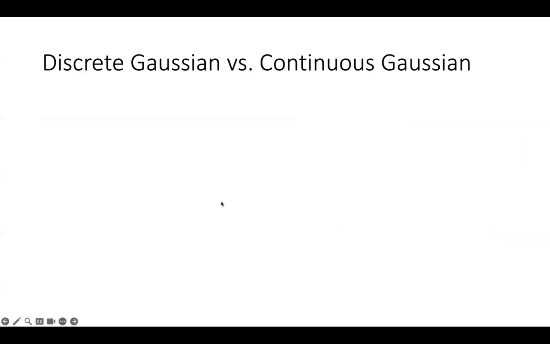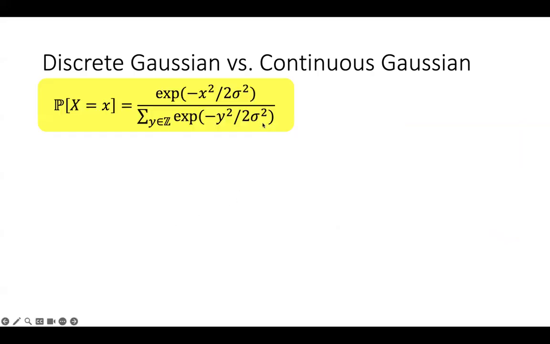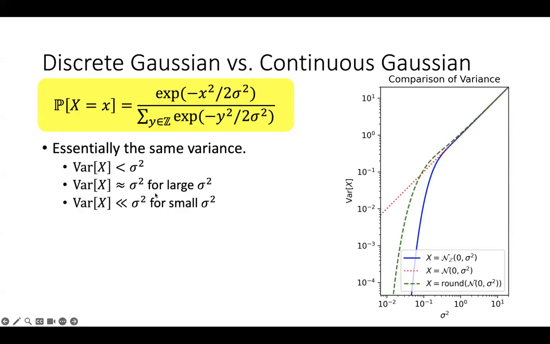Now the next thing I want to talk about is how it compares in terms of utility. So in terms of variance, they're essentially the same. However, the variance of the discrete Gaussian is always slightly smaller than the continuous Gaussian. For large sigma, which is the parameter regime of interest, they're very similar. But for small sigma, they diverge. So here's a plot to illustrate this.